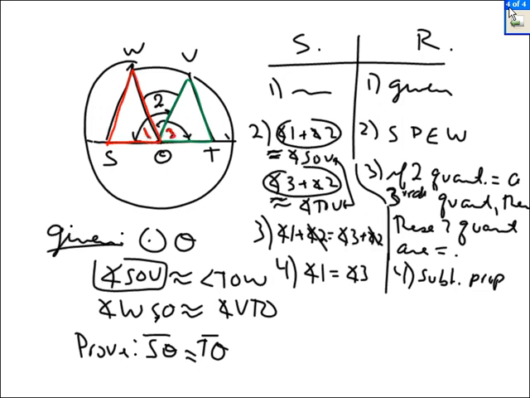So I have one angle equal, and we were told over here that angle WSO, this angle right here, and VTO, this angle down here, they're equal. So right now I have two triangles, the red one and the green one, and they both have two equal angles.